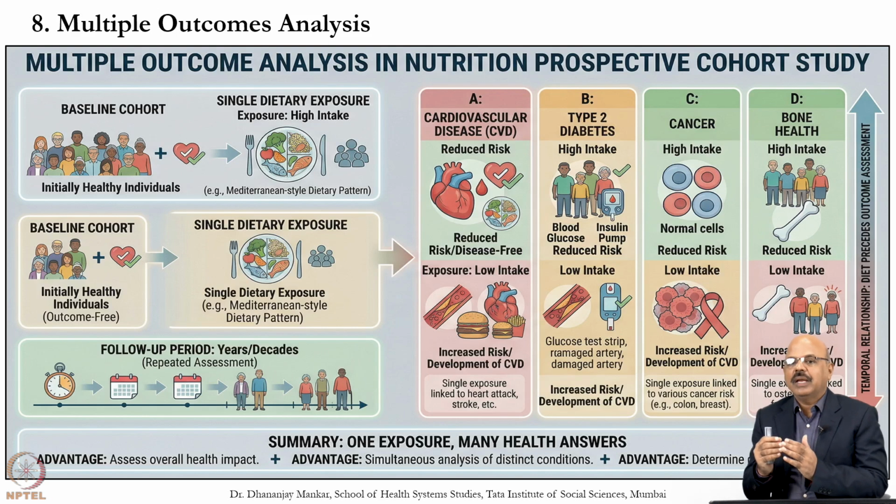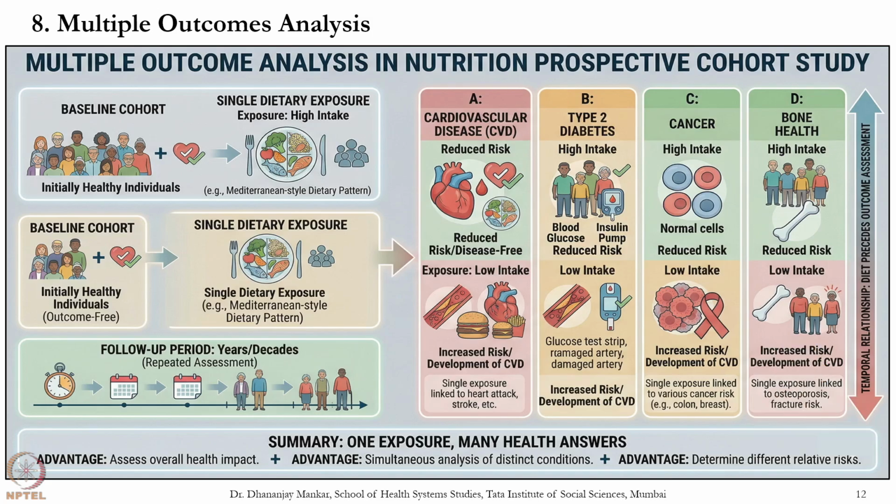The cancer: high intake gives you normal cells, reduced risk; low intake increases the risk of development of CVD. So a single exposure is linked to various cancer risks. Bone health: high intake reduces risk and low intake increases risk. So, summary: one exposure, many health outcomes. Advantages: assessment of overall impact and simultaneous analysis of distinct conditions.